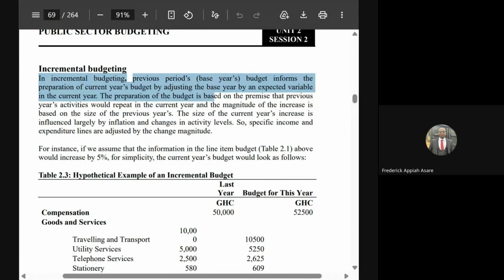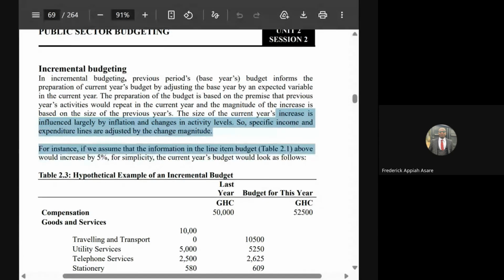The preparation of the budget is based on the premise that previous year's activities would repeat in the current year, and the magnitude of the increase is based on the size of the previous years. The current year's increase is influenced largely by inflation and changes in activity levels.